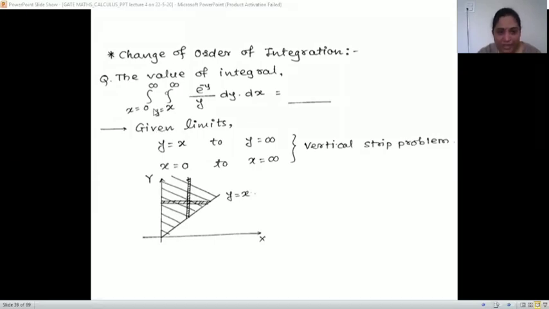Here first is y and we have to change it to x, so we have to draw a strip parallel to the x-axis. These are limits of y, and we are changing the order, so we want limits of x. The given problem is a vertical strip and we are changing it to a horizontal strip problem.